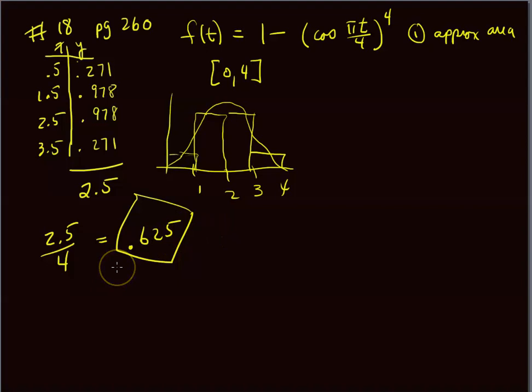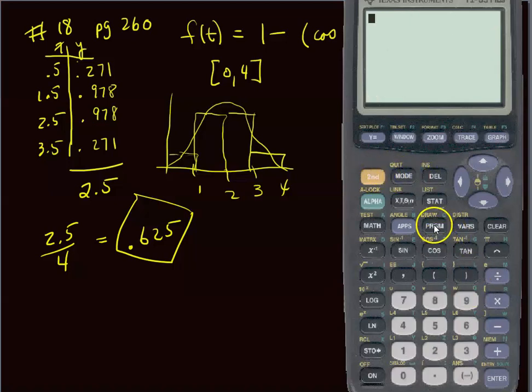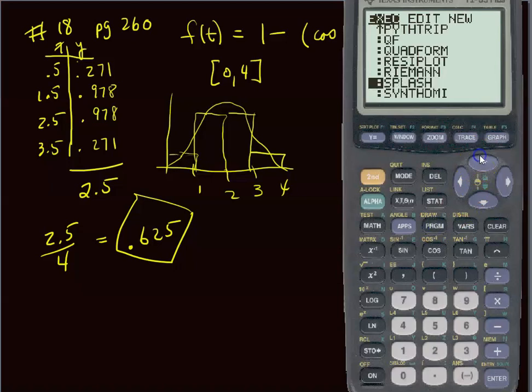Now, let's also, because we'd like to see if our 2.5 makes sense, run the program. Second quit, program. Boy, I've got too many on here. I went right past it.